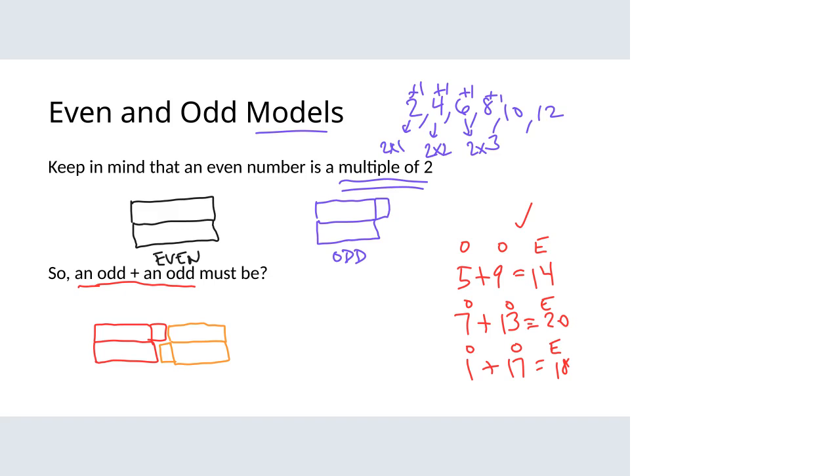Once I take that odd and add them together, now what I've got is something that is the same on top as it is on the bottom. So that's an even number.